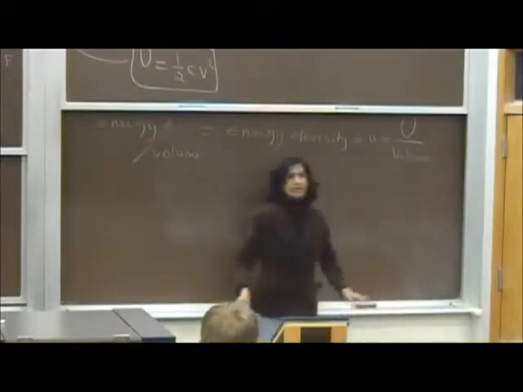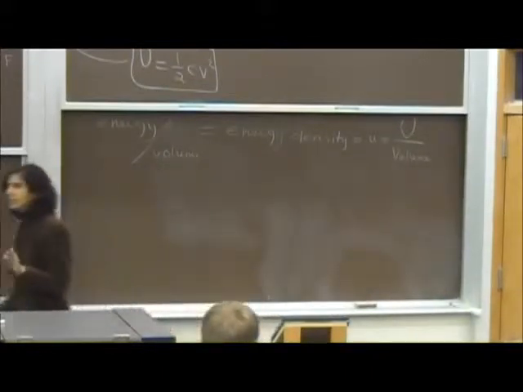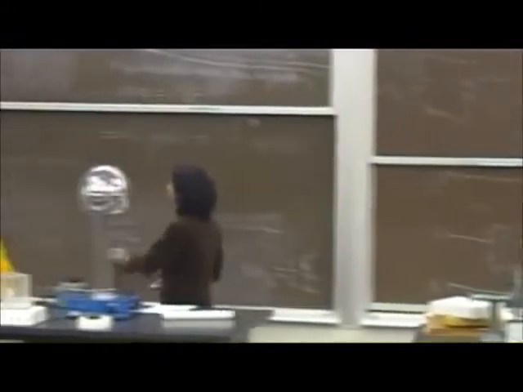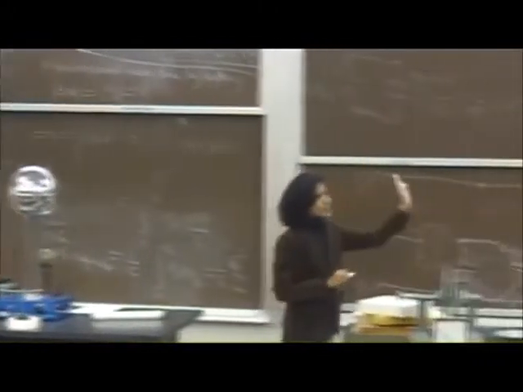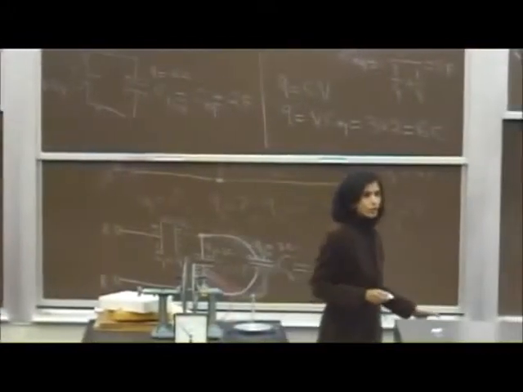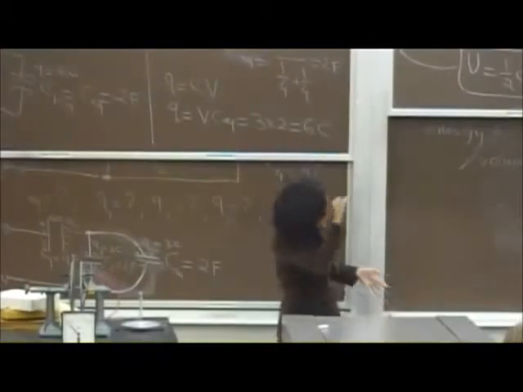And folks, I'm always going to write divided by volume. I don't want to use V for volume because there are too many V's floating around. You might confuse volume with potential difference or voltage, so I'll always keep writing U over volume as opposed to U over V.